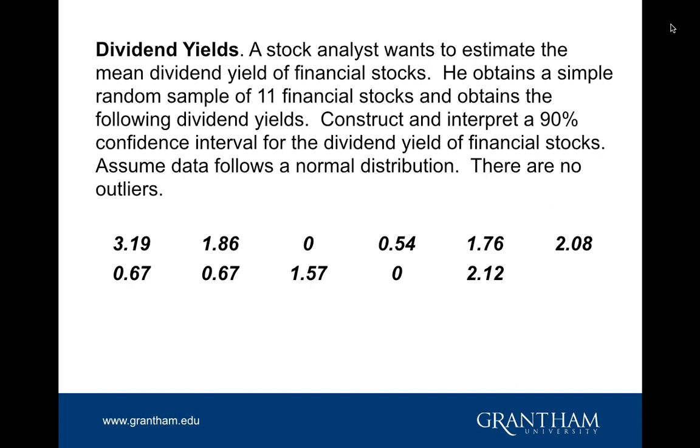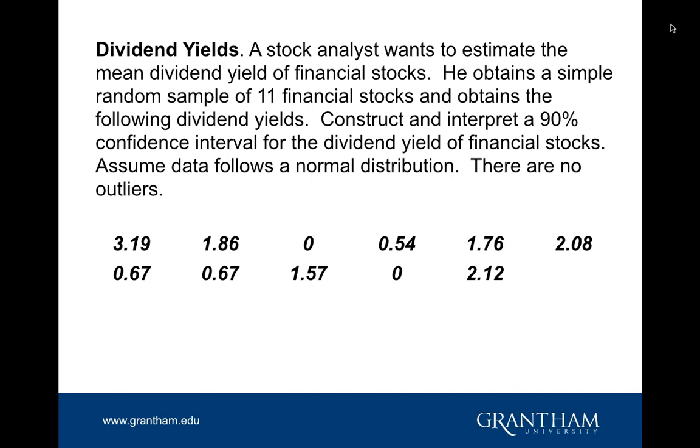So a stock analyst wants to estimate the mean dividend yield of financial stocks. So how much money is he getting back? What percent is he getting back? He obtains a simple random sample of 11 financial stocks and obtains the following dividend yields. We're asked to construct and interpret a 90% confidence interval for the dividend yield of financial stocks.